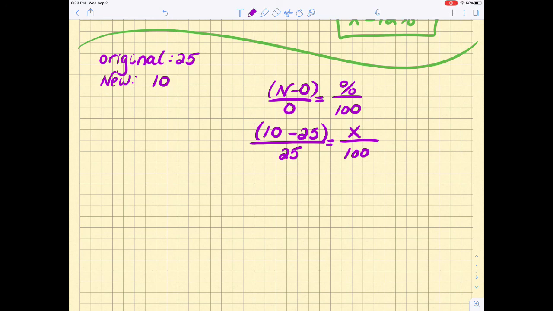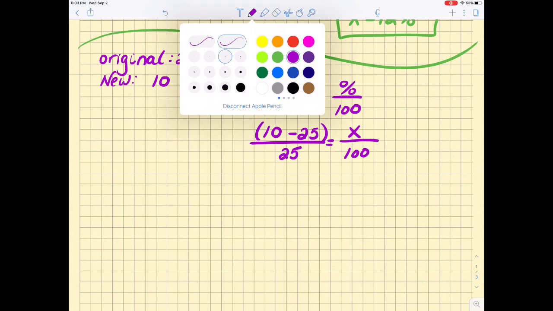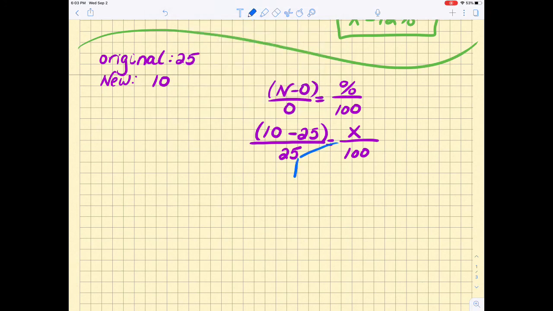Okay, this time we went from a high price to a low price. So I want you to pause and think about, what does that mean for our percentage? Let's cross multiply and see what happens. So we get 25x equals 100 times the quantity 10 minus 25.